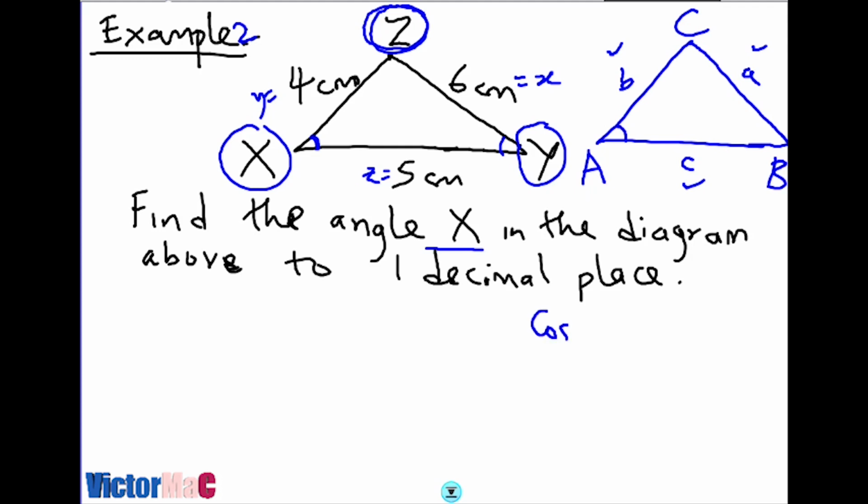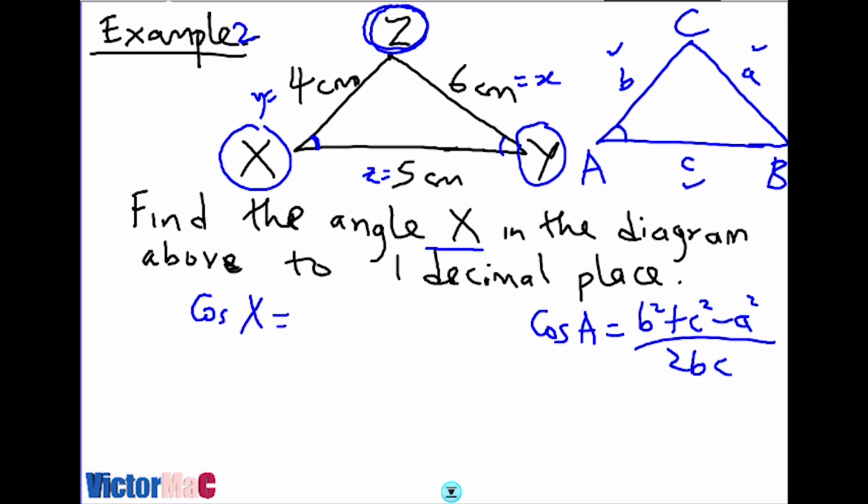Using that formula given earlier on, cosine of A will have this format: b squared plus c squared minus a squared over 2bc. So I'm going to change x, y, z to a, b, c. So definitely our cos A will become cos x, b squared will become y squared, c squared will become z squared, and a squared will become x squared. Then 2bc will become 2yz.